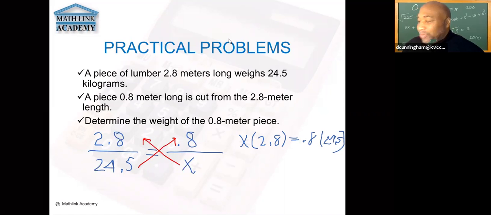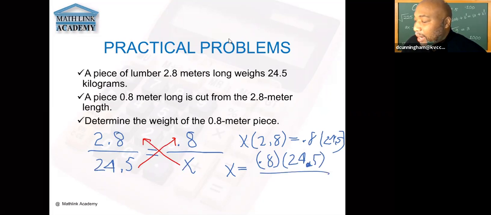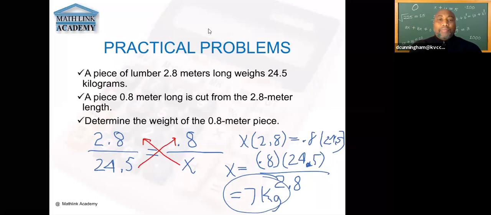So X is equal to, if I get X by itself, divided by 2.8, it's going to equal 0.8 times that 24.5 divided by 2.8. Now, once you do the math there, multiply the numerator, then divide by 2.8, we should end up with the number 7, I believe. So that'd be 7, what? 7 kilograms. Is that what we're looking at? Yep, kilograms. And that's our answer for this problem, it will be 7 kilograms.